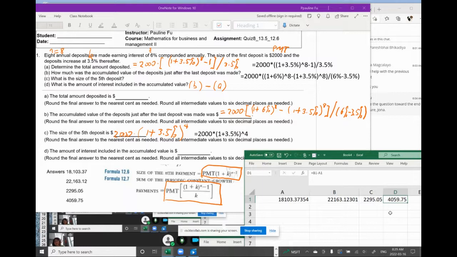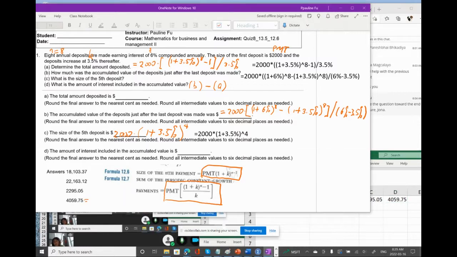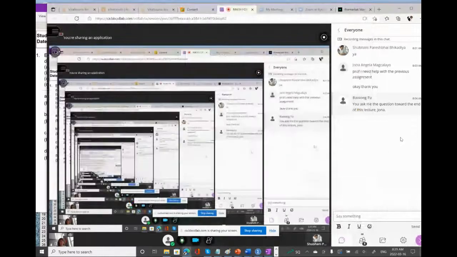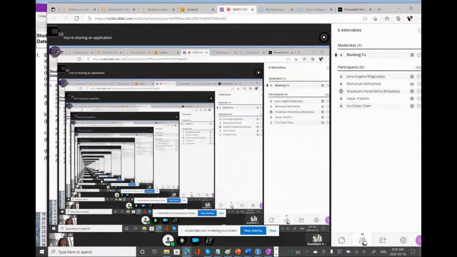Okay. So this is question D. How do you get this? Use the answer from question B minus the answer from question A. Any questions? Any questions? All right.